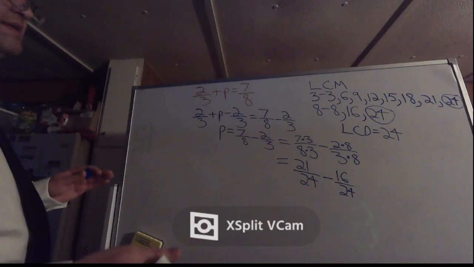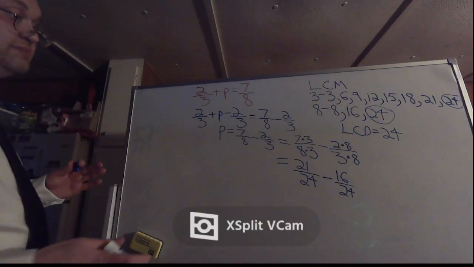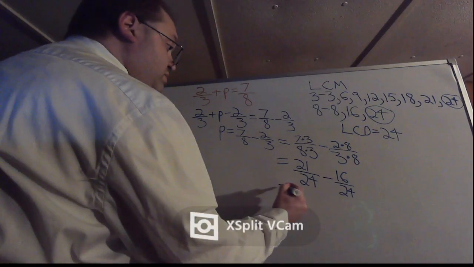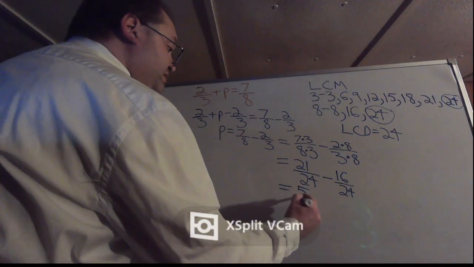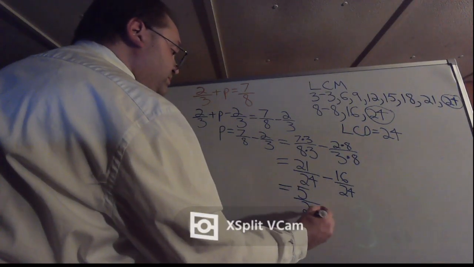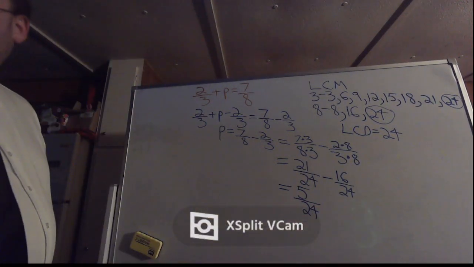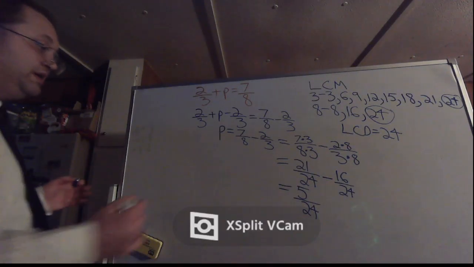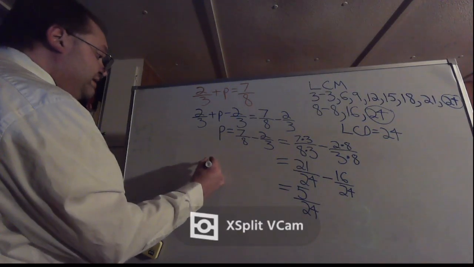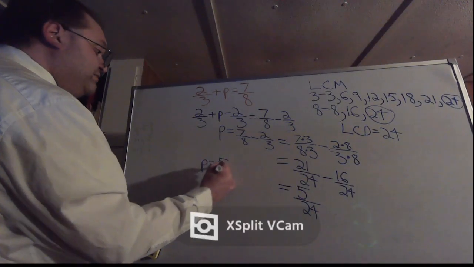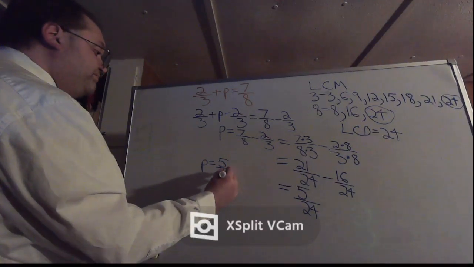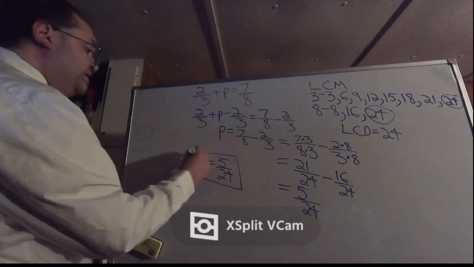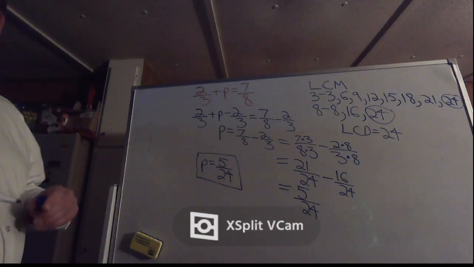Now that we have the same denominator, we may go ahead and subtract, which is going to be equal to 5/24. And as we can clearly see, we cannot factor 5 and 24. It just doesn't work. So p is equal to 5/24. And that would end up being your final answer, 5/24.